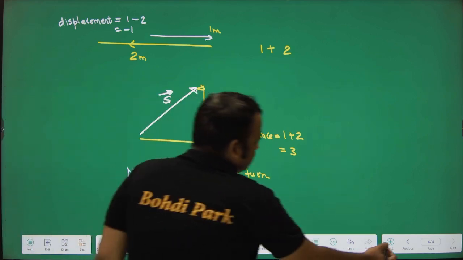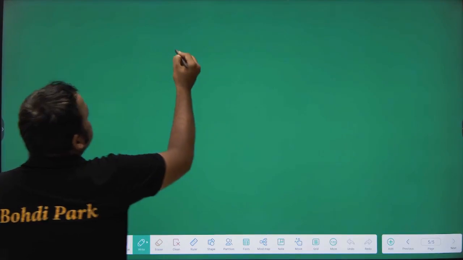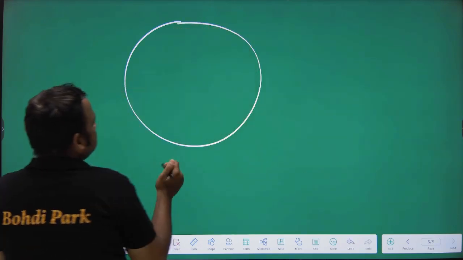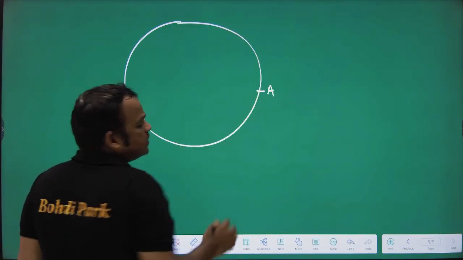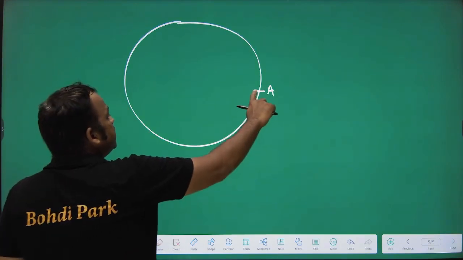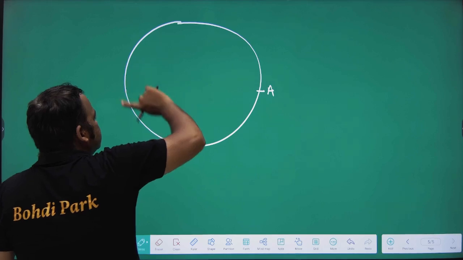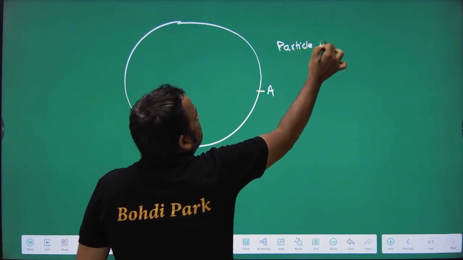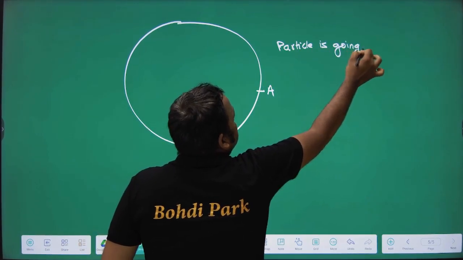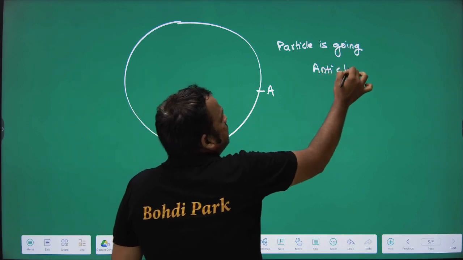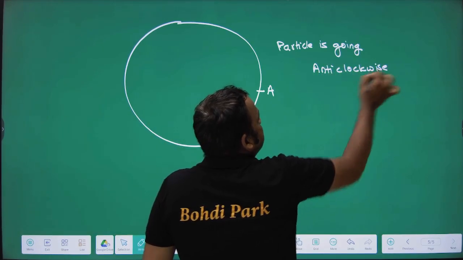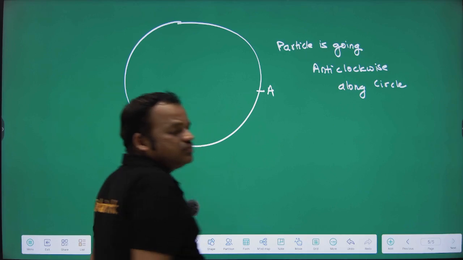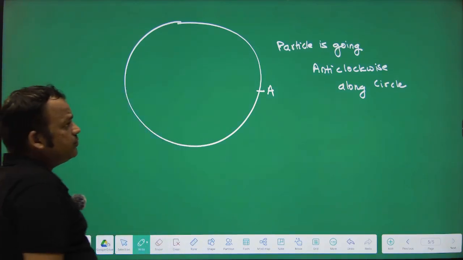Let's take an example of circular path. Suppose this is the point A and the particle is going anti-clockwise along the circle. How to find distance?